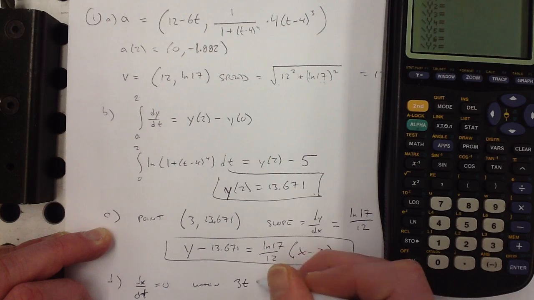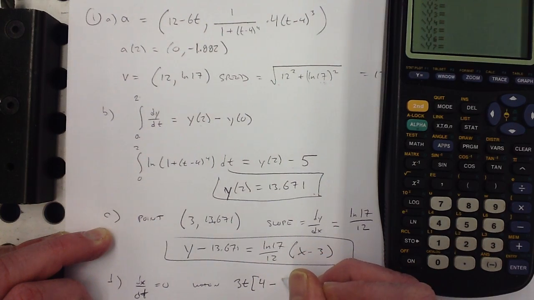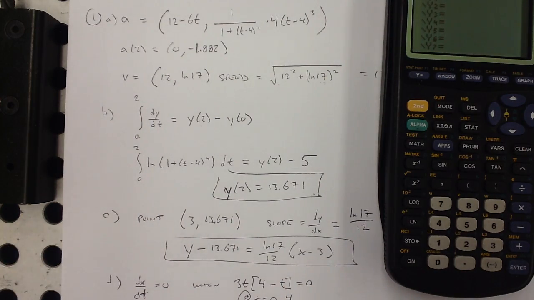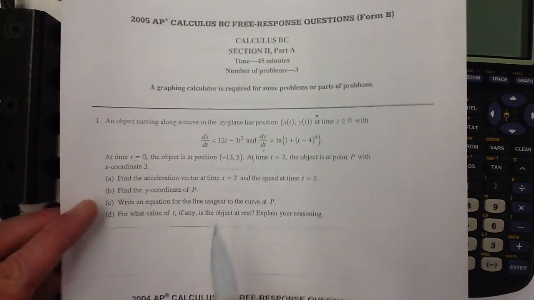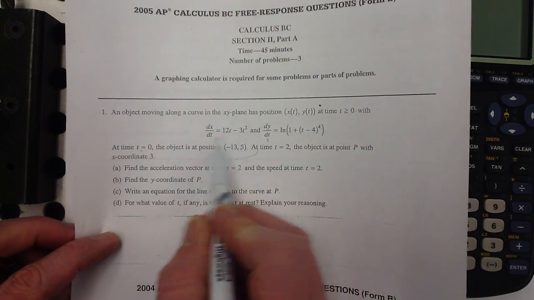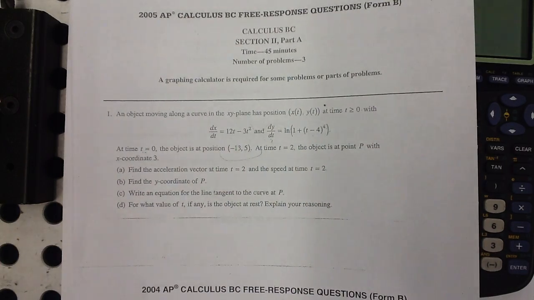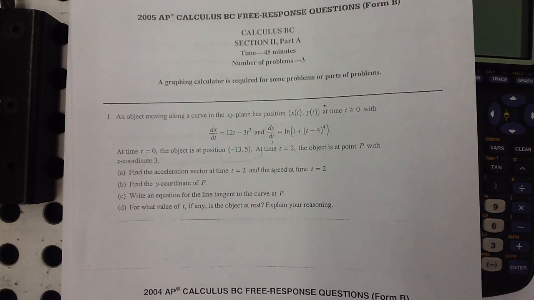That's 3t times (4 minus t). So that's at t equal to 0 and 4. Those are the only possible times. So now we just have to check those here and see if either one of those gives us a 0.